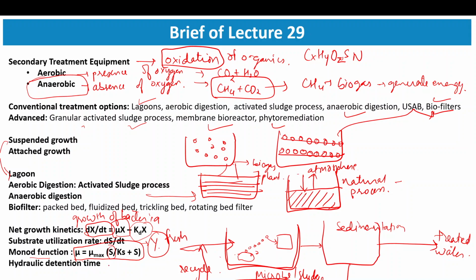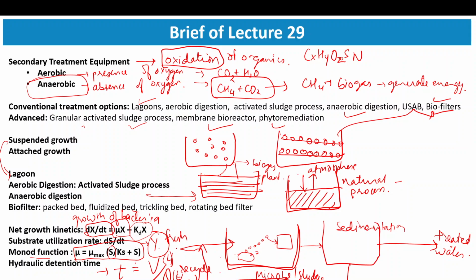Now, also for providing proper efficiency, you need to have a certain amount of detention time or residence time inside the tank. So detention time or residence time, T or tau, is volume per unit flow rate. So volume will be in liters, for example, and if flow is in liters per minute, then detention time will be in minutes.